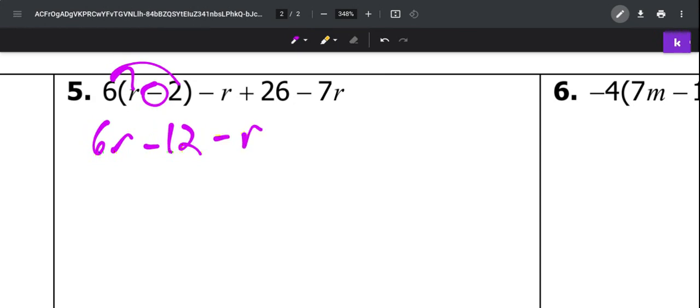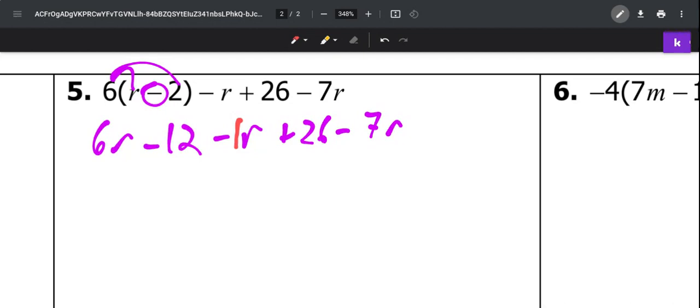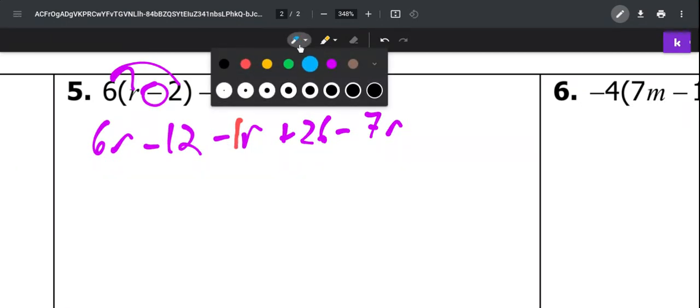Then we bring down minus r plus 26 minus 7r. Now, when you write down this r, you may want to put this down, that is 1r, because anytime we have just a variable by itself, there's an understood 1 to be in front of it. So that way when you do this combined like term step, it won't be as confusing.